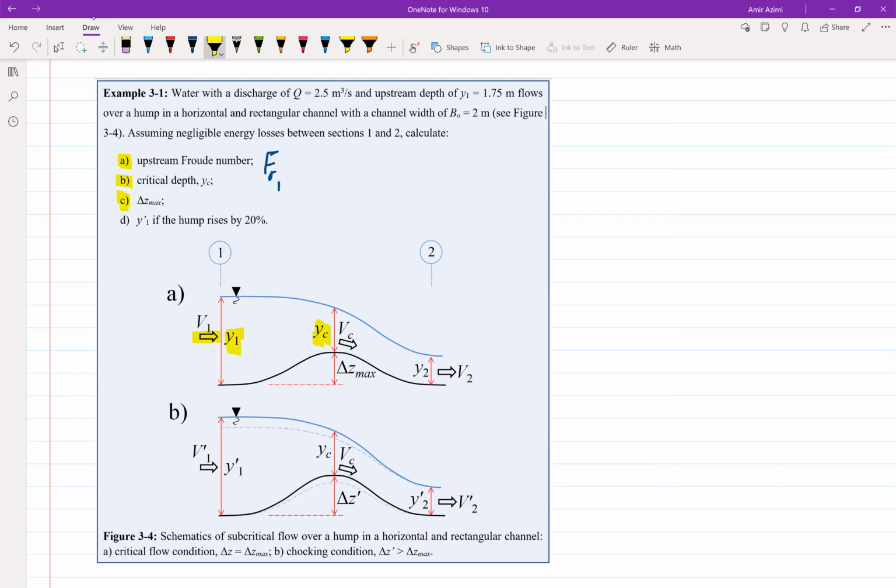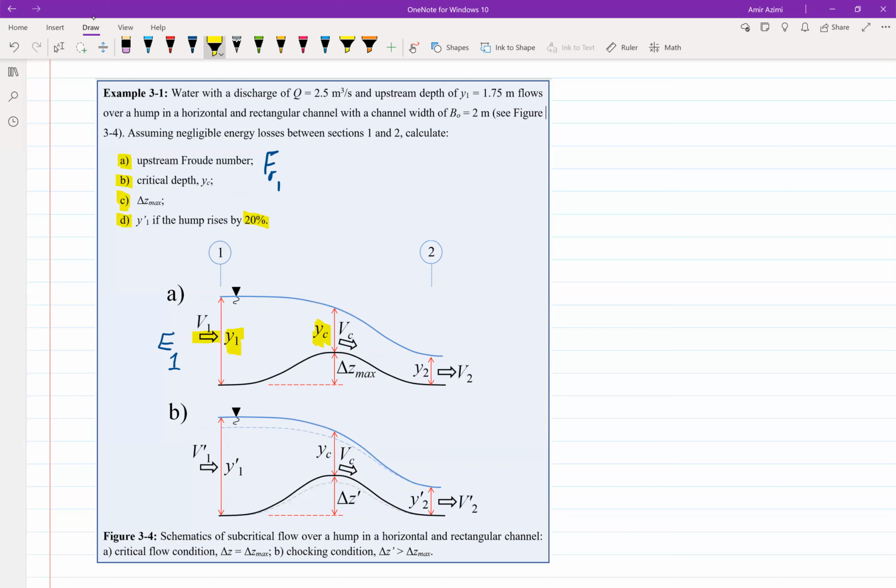So we know what's the energy level in section 1. So we calculate E1, the energy level in section 1. And then from that, we can equate that energy level and find out what is the delta Z max. And at the end, we would like to calculate Y1 prime if the hump raises by 20%.